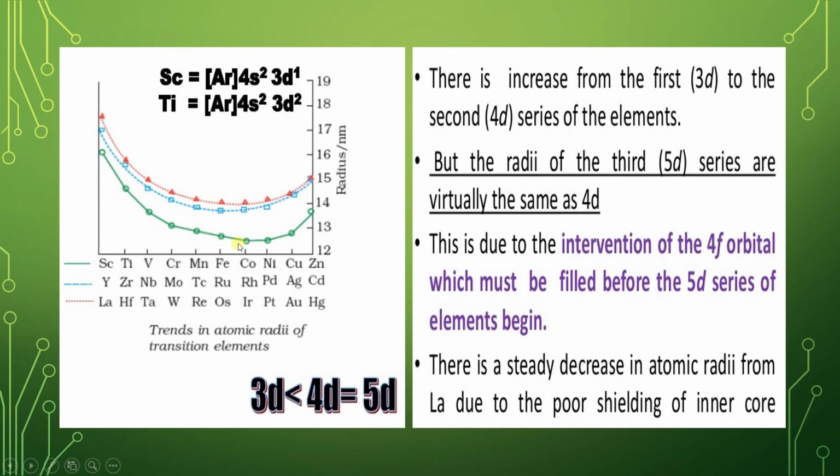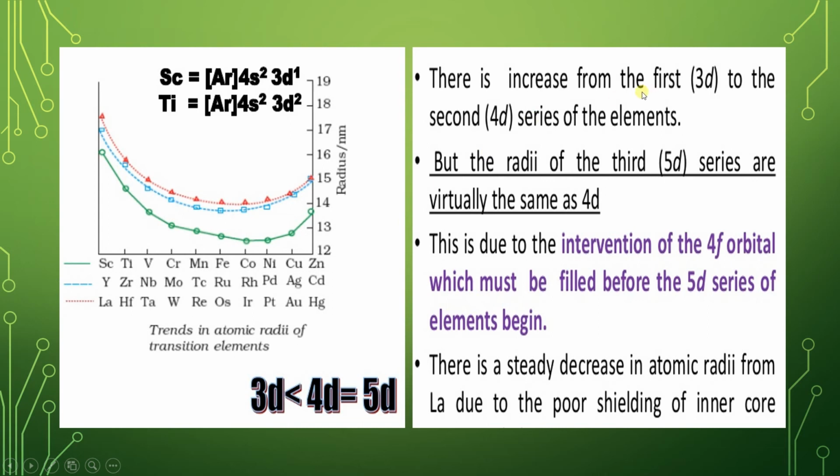In this graph, we see the 3d series in green color, the 4d series in blue color, and the 5d series in red color. At the beginning it decreases, then at the end atomic or ionic radii increase.